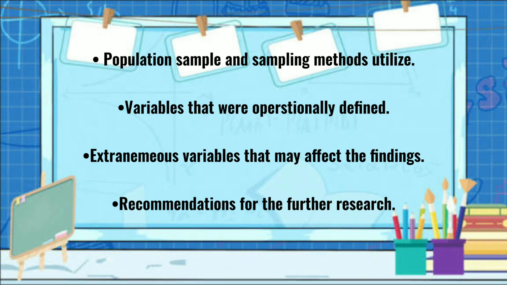Next, extraneous variables that may affect the findings. Once you read the methodologies of the research paper that is related to your research problem, you would be able to know the variables that were used or what variables affected their studies.